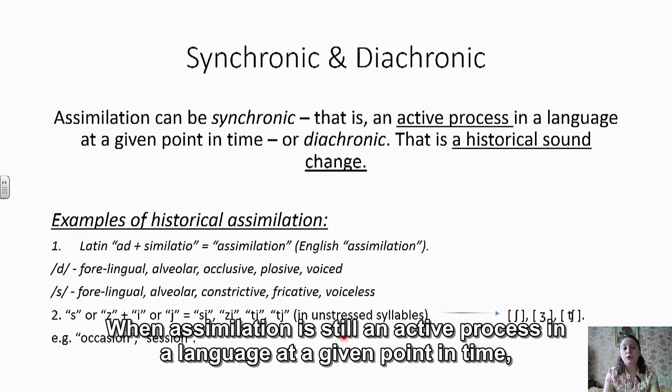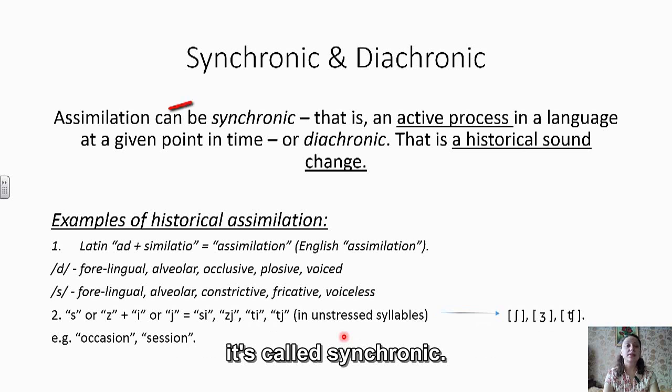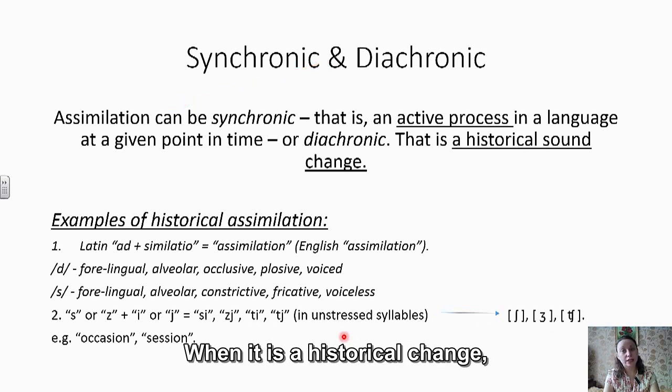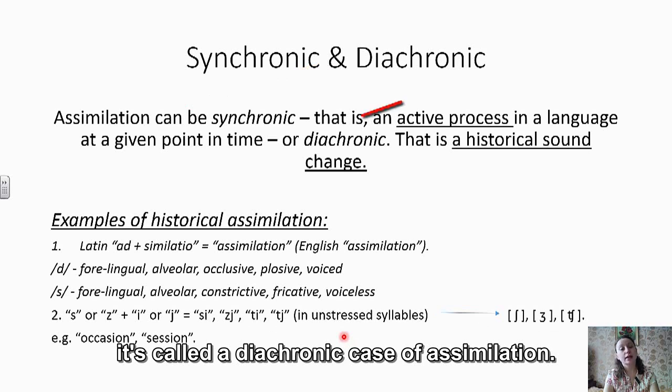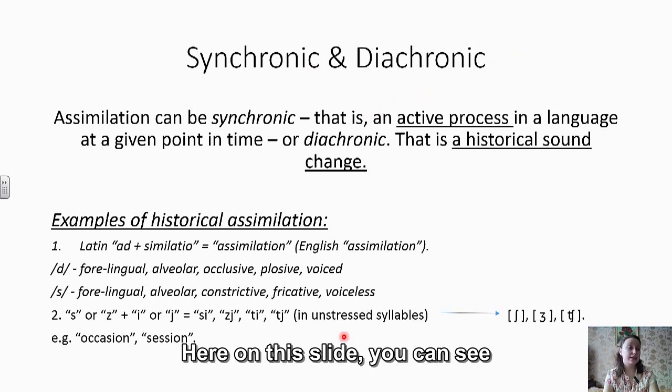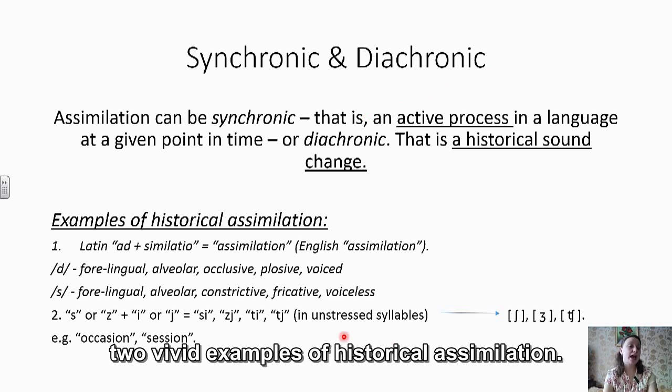g. When assimilation is still an active process in a language at a given point in time, it's called synchronic. When it is a historical change, it's called a diachronic case of assimilation. Here on this slide you can see two vivid examples of historical assimilation.